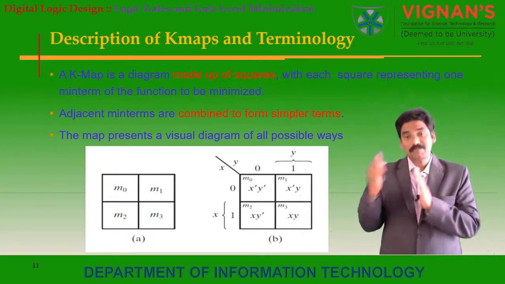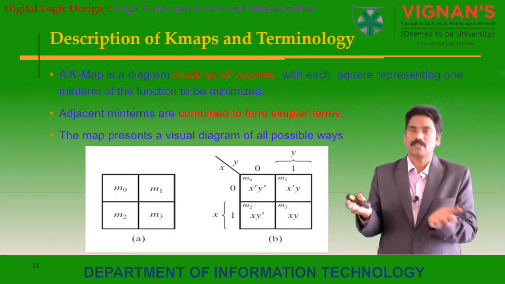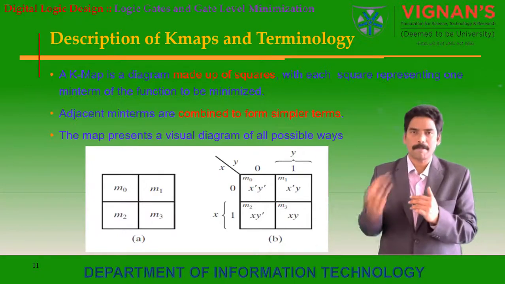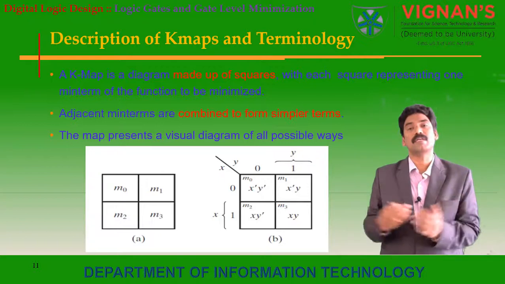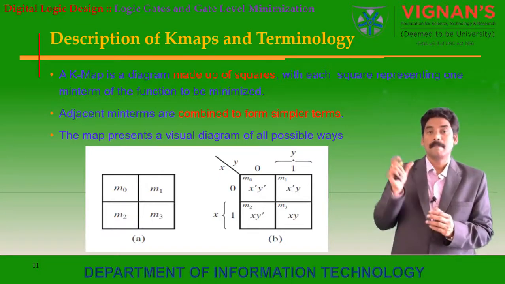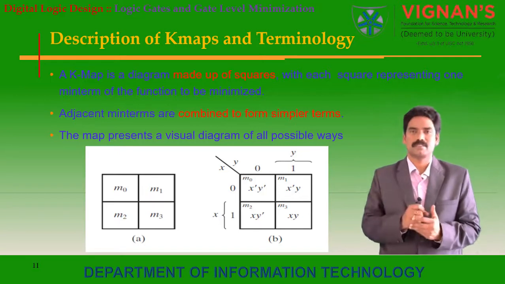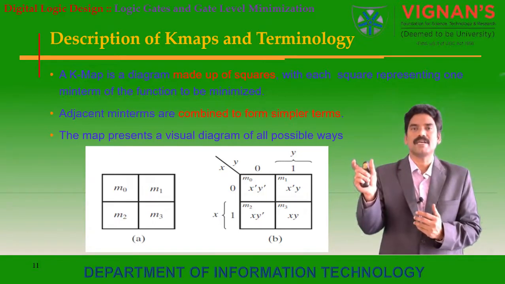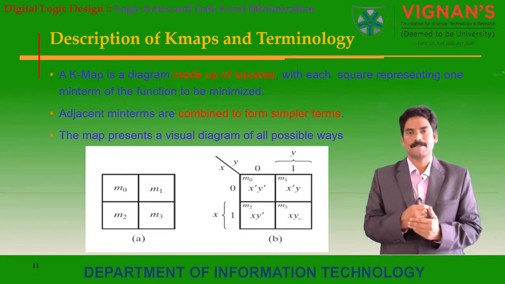The adjacent minterms are combined to form a simpler term. How to simplify? Squares are there, and we are representing our minterms in those squares. Then, how to get the minimum expression? By combining adjacent squares. This is very important. By combining adjacent squares, we can get the minimized expression.